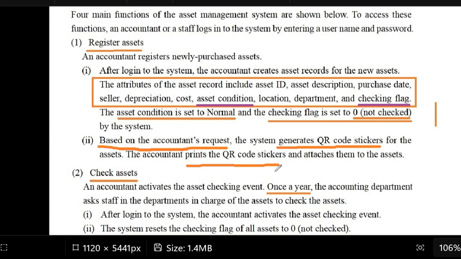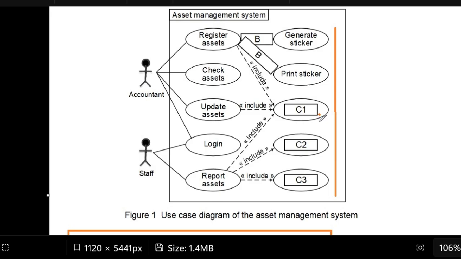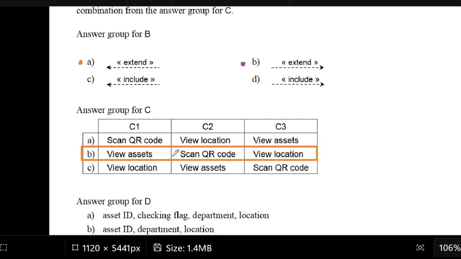The other thing also is that information regarding the assets, we have to register those information. So given that, for C1, it looks like letter A would be incorrect, and now we're down to B or C. The thing is, for view location, we can find it in one of the succeeding steps.